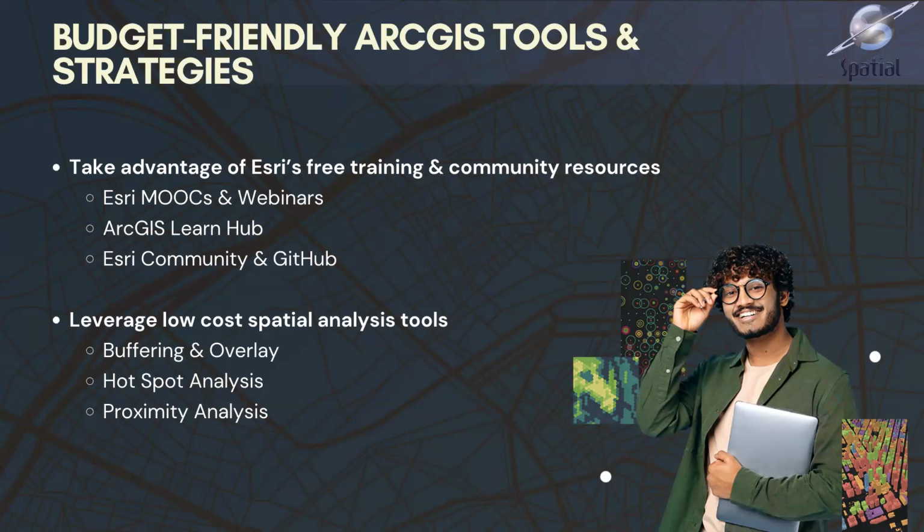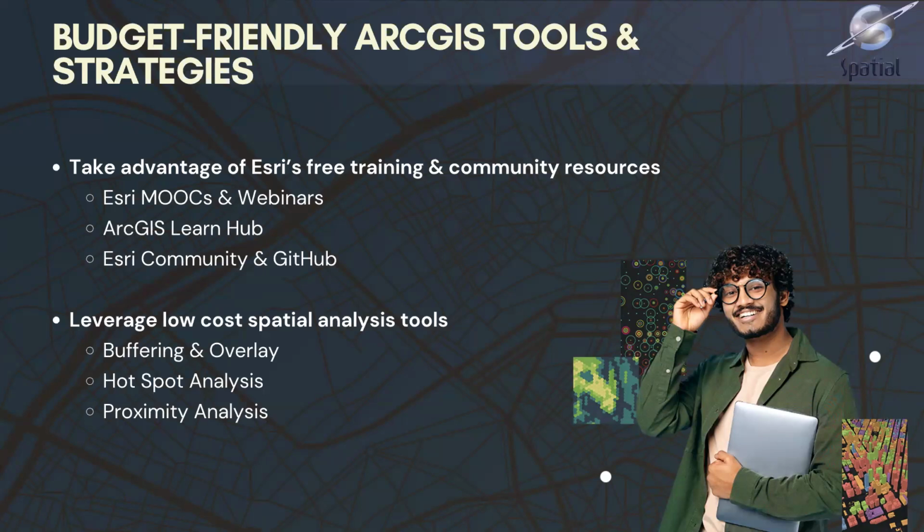And another thing that we would really encourage you guys to utilize is the Esri community and GitHub. So we all know that GIS can sometimes be complex, but when you run into challenges, the Esri community is a great place to get help. So the Esri community is an online forum where thousands of GIS professionals share solutions, they ask questions, and they collaborate on projects.